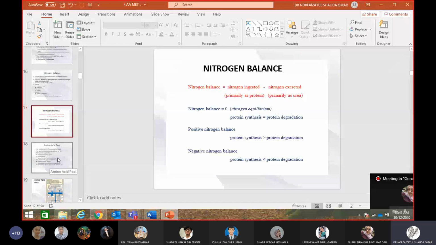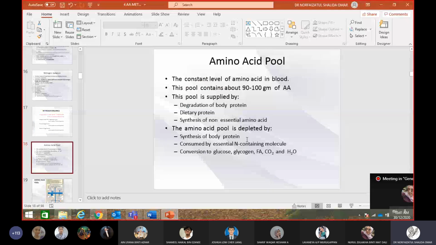Okay. So our body maintains this nitrogen balance using the amino acid pool. The human body maintains the amino acid pool at 90 to 100 grams of amino acids. This pool is supplied by the degradation of body protein, meaning that when your protein is degraded, it can be in the form of enzymes.